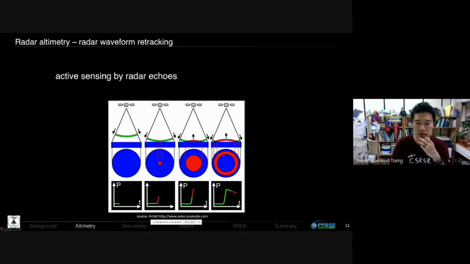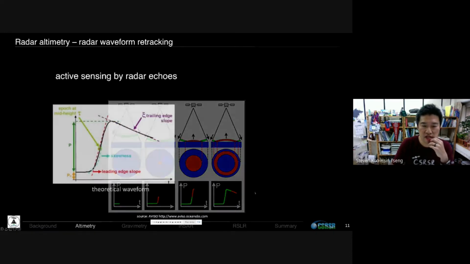Once the signal touches the center of the footprint, the energy starts to come back. This is the biggest overlapped area, so the energy goes to the peak. Then the remaining ring area will have a smaller extent, which means smaller signal strength. So you can see the power goes down.